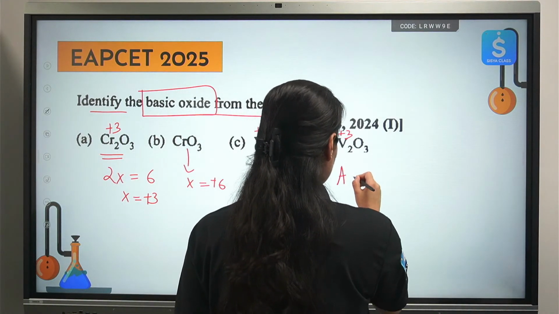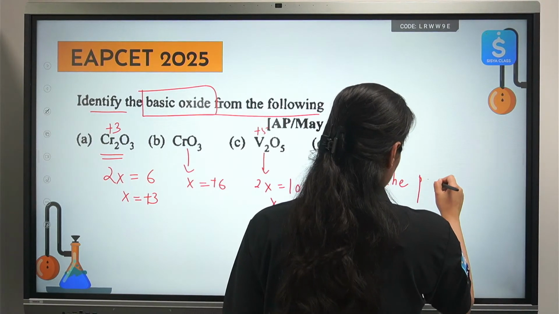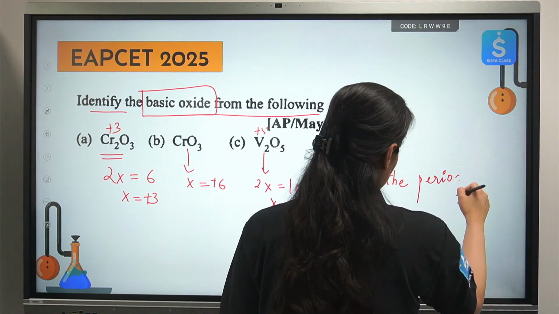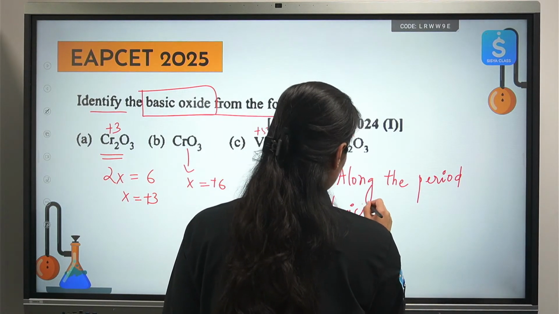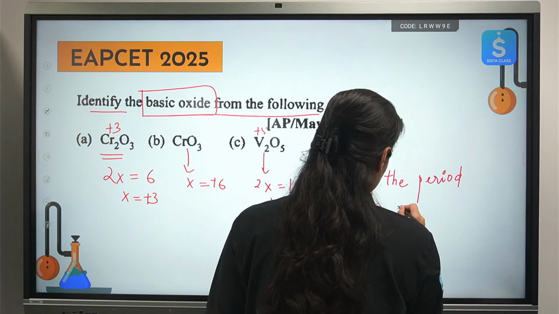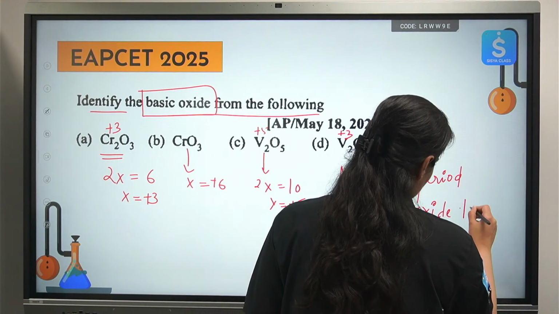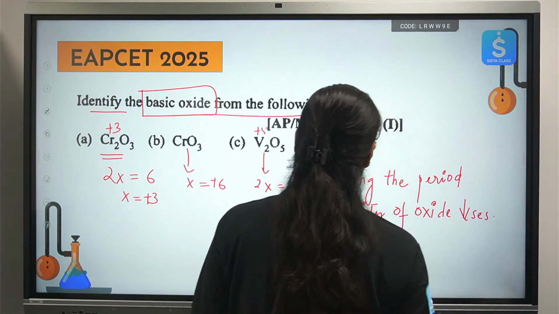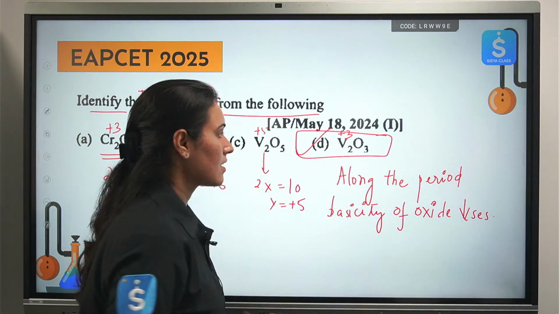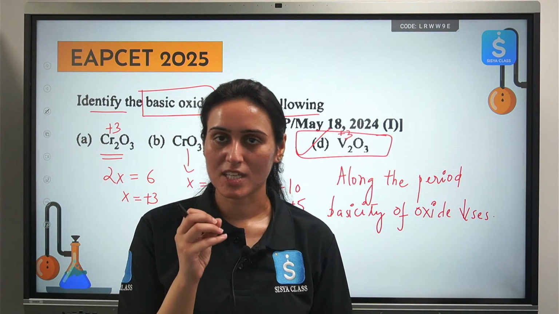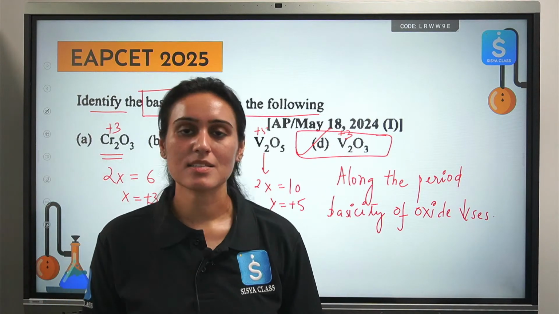Along the period, basicity of the oxide decreases. So the correct answer would be vanadium in +3 oxidation state. This is the most basic oxide out of everything mentioned here.